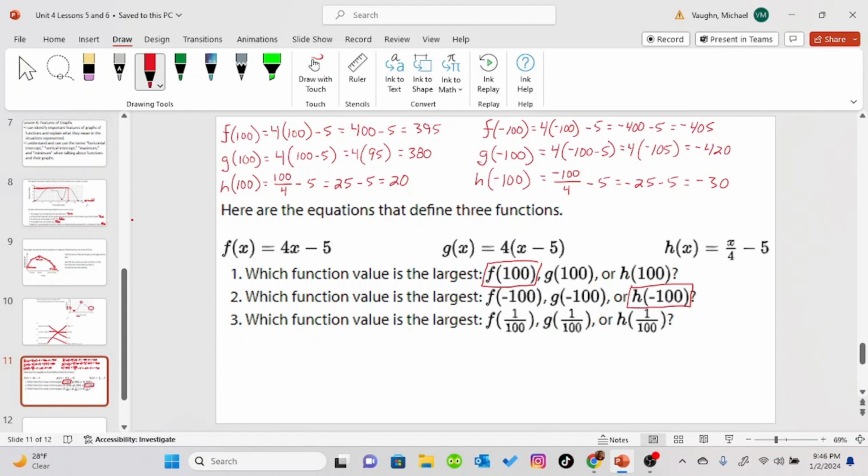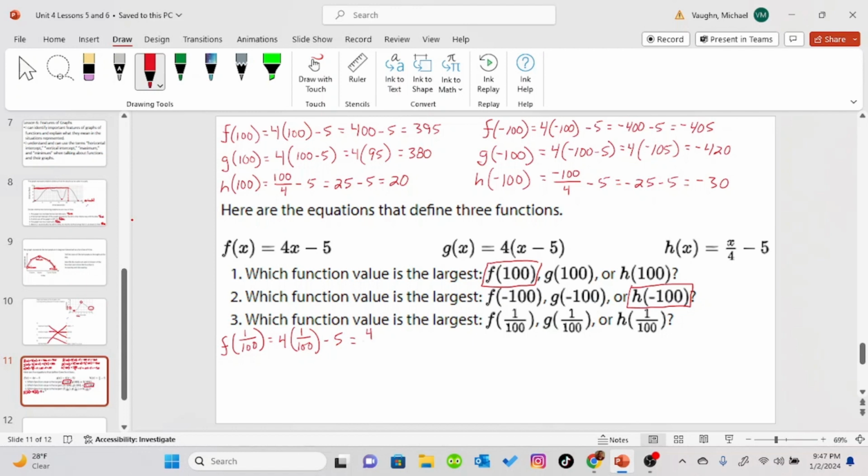And finally, number 3, which function value is the largest? f of 1 over 100, g of 1 over 100, or h of 1 over 100? f of 1 over 100 equals 4 times 1 over 100 minus 5.